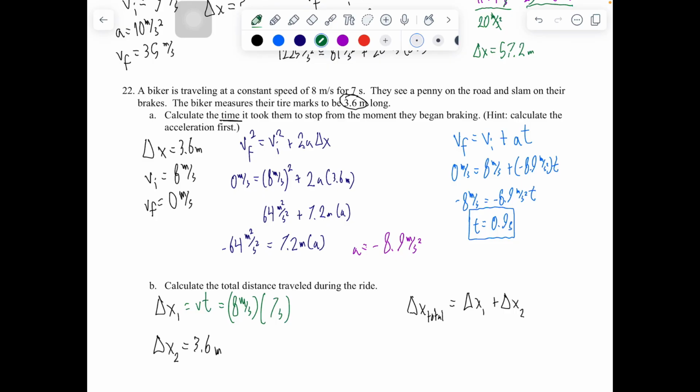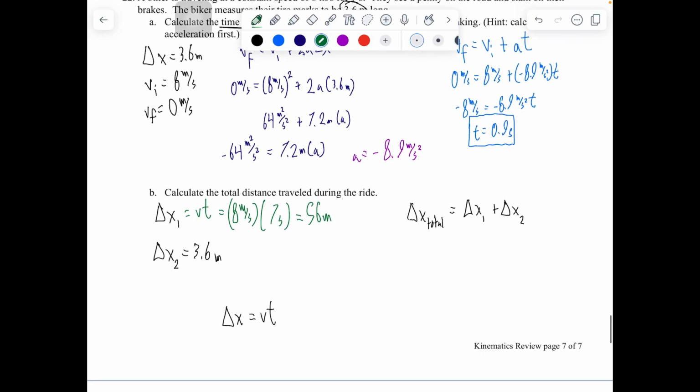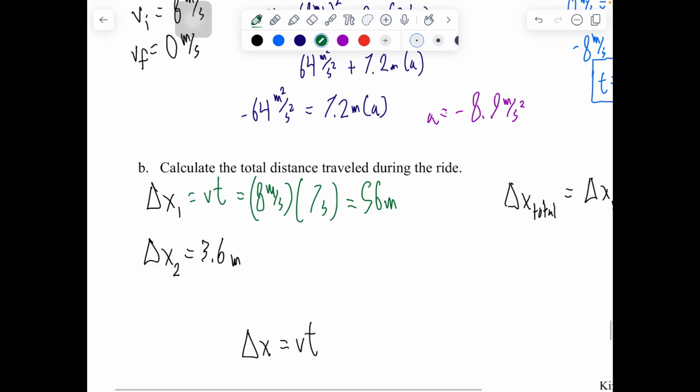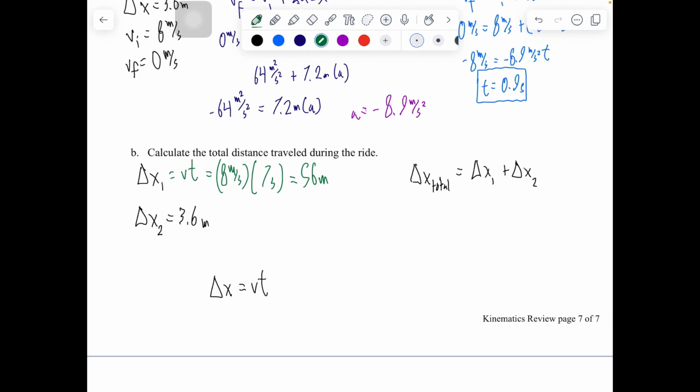And this is really just doing 8 times 7. And we get 56 meters. Don't forget to add in your 3.6 of skidding to a stop. And that gives us a grand total, 56 plus 3.6, of 59.6 meters.